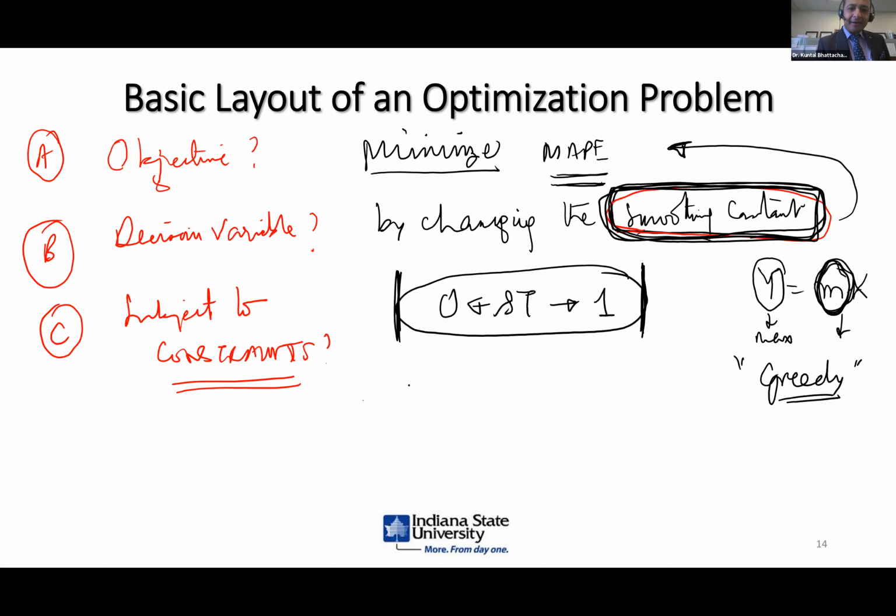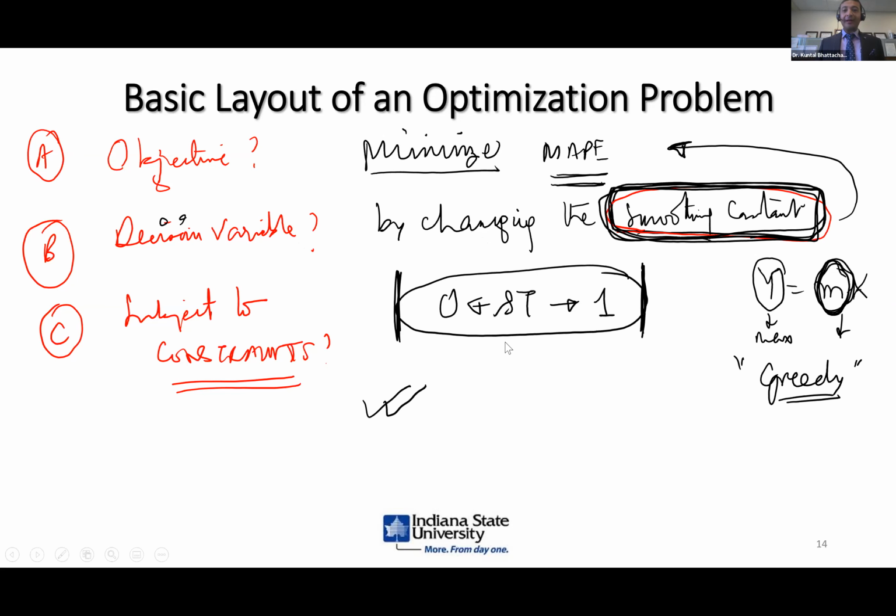This is a standard layout of any optimization problem. You get this concept clear, you can apply it to any setting, as we will see later on in the videos. What is my objective? What am I changing or trying to optimize to reach that objective? That's my decision variable.